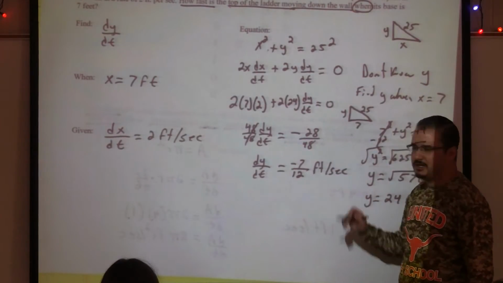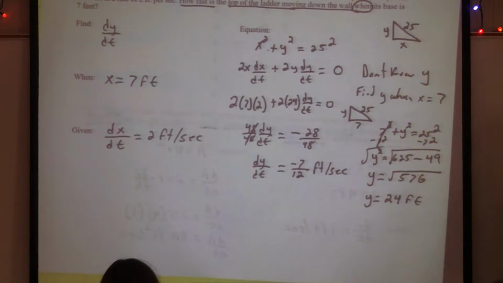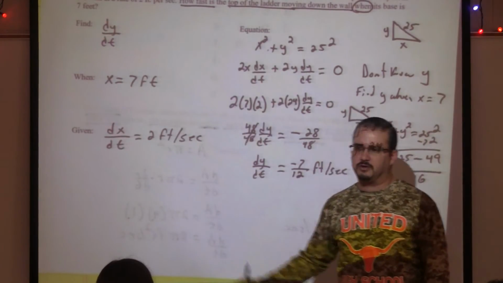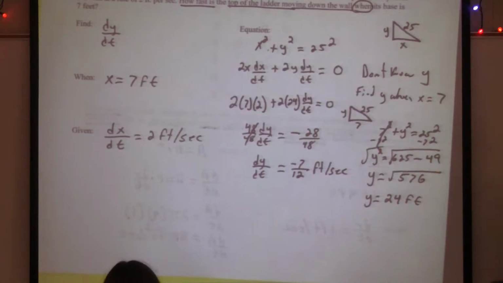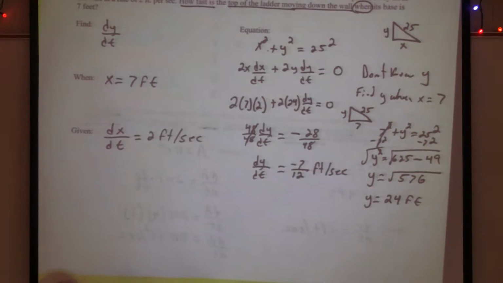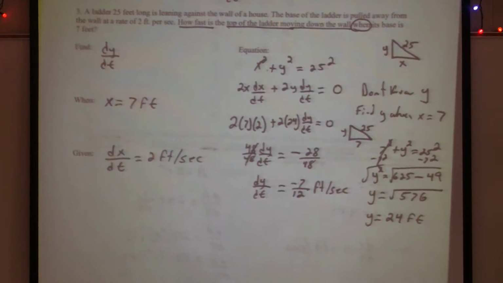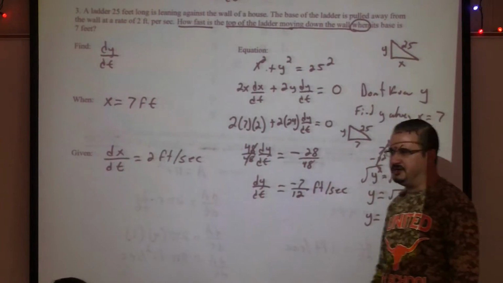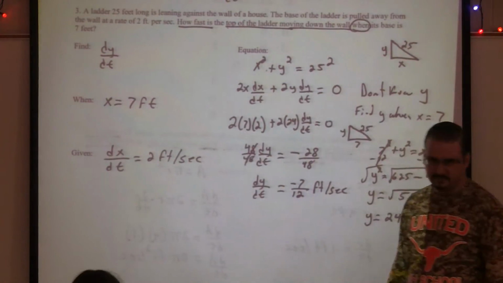Negative 7 over 12 what? Feet. So what if they asked you how long would it take for the top of the ladder to reach the ground? What would we have to know? We would have to know the original height, right, of the building? Okay? And then you could figure it out, right? Cool?